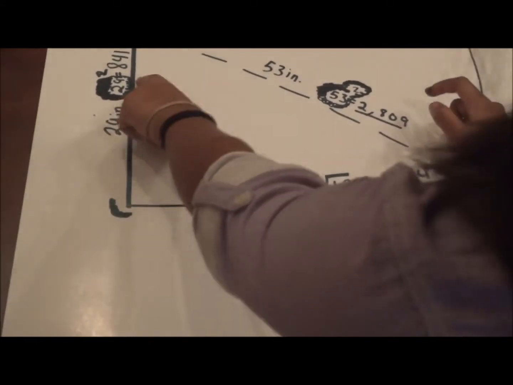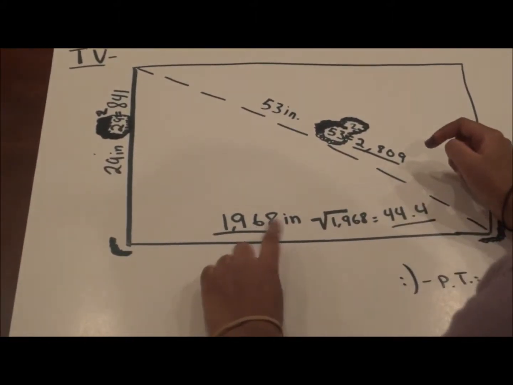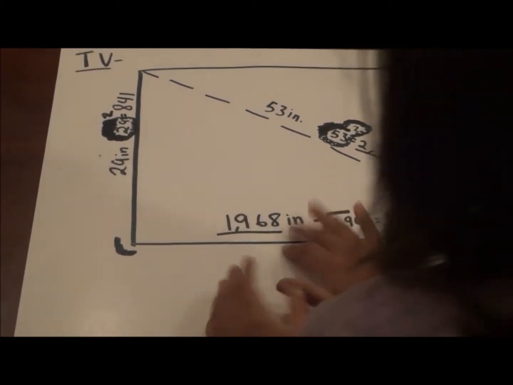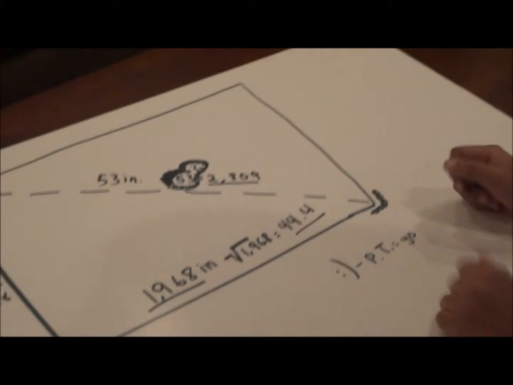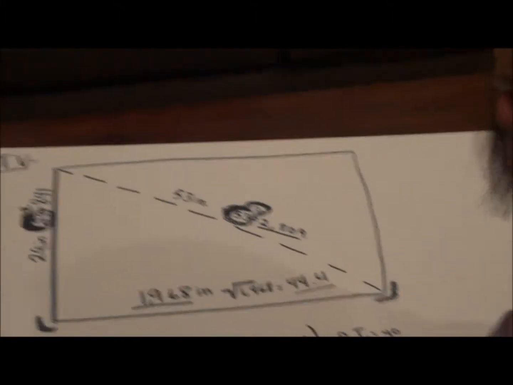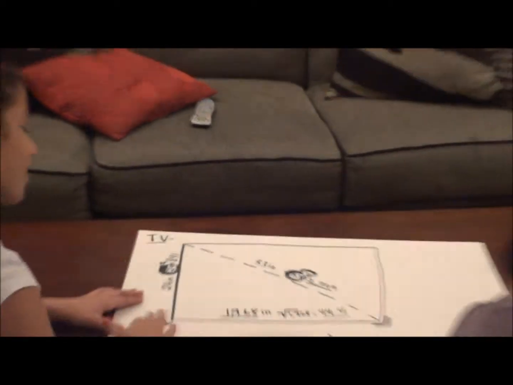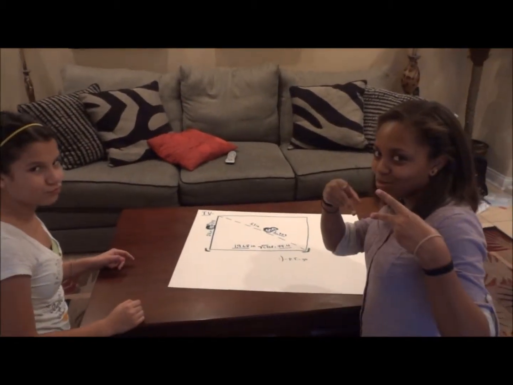And 2,809 minus 841 equals 1,968. And the square root of 1,968 is 44.4, and it's 44.4 inches across. Pythagorean Theorem, yo.